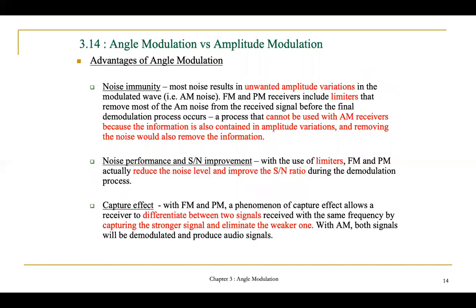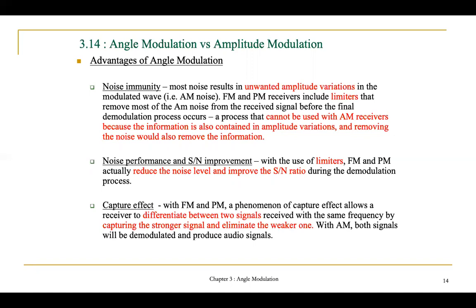So frequency modulation and phase modulation receivers include a limiter that can remove most of the amplitude modulation noise from the received signal. Therefore, angle modulation has better noise immunity because it has a limiter that is able to remove the AM noise.